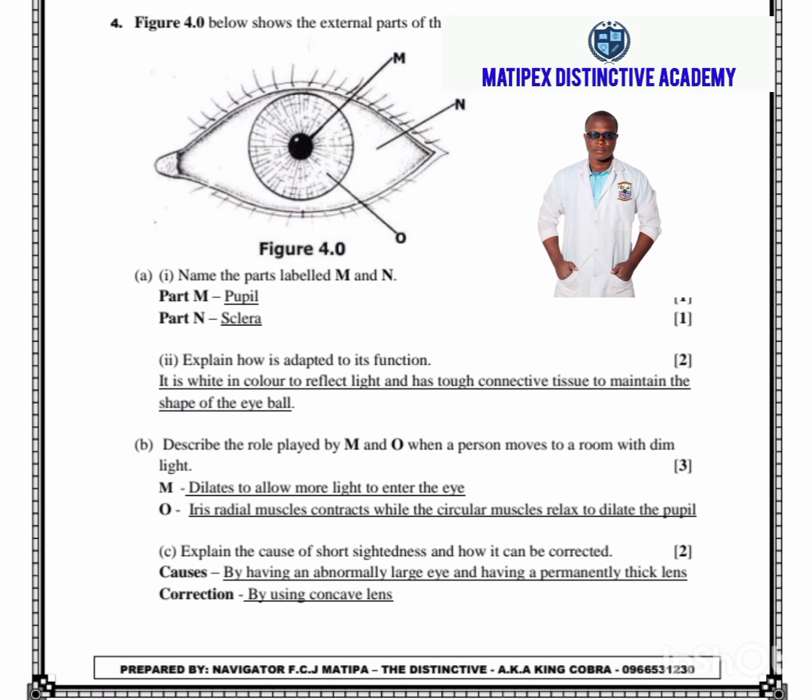Question A, Roman numeral 2. Explain how N is adapted to its function. So the word adaptation means special features a certain structure or a part has to undergo its function.